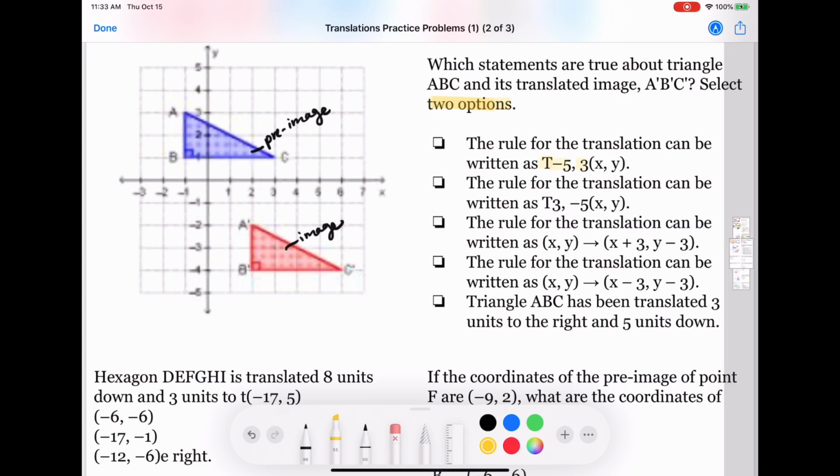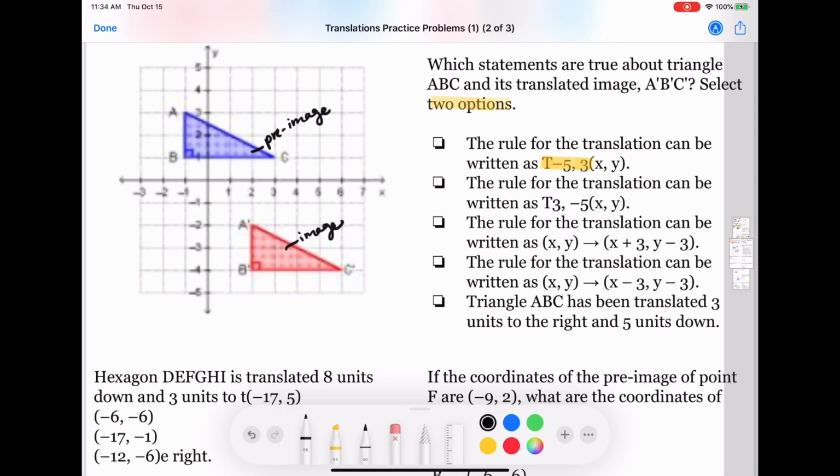Okay, well, an easy way to determine if this is a justifiable transformation function rule is, because we have the diagram, to go ahead and identify what this is telling us. This is telling us we have a translation 5 units to the left and 3 units up.